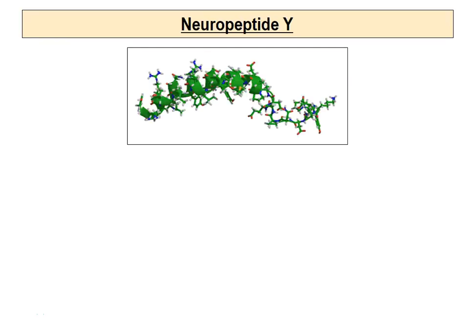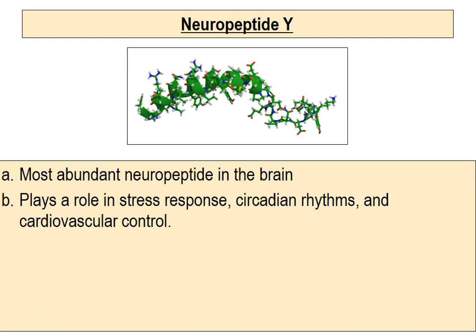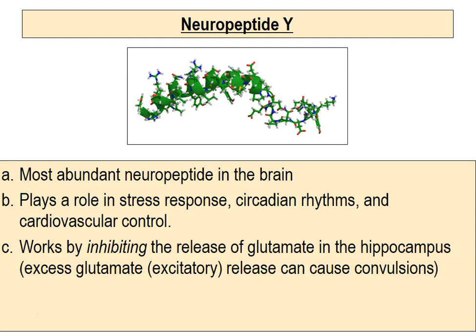Another neuropeptide is neuropeptide Y, and this is the most abundant neuropeptide in the brain, playing a role in stress response, circadian rhythms, and cardiovascular control. This inhibits the release of glutamate in the hippocampus.